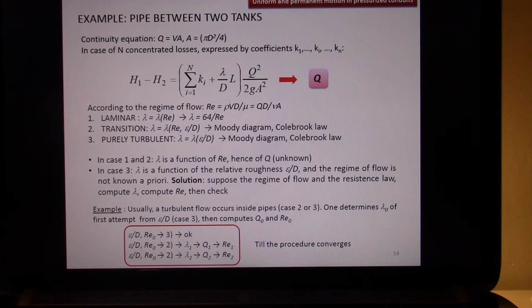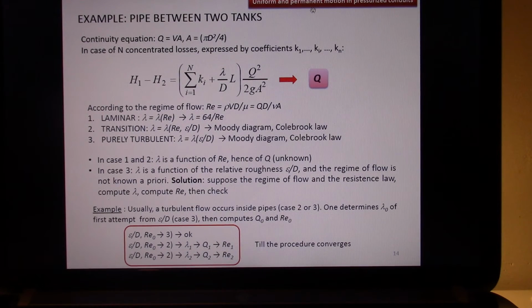Friction factor lambda 0, of the first attempt, you insert in this equation, you compute Q, so basically you obtain your volumetric discharge, and then recompute Reynolds, check if the value that we have obtained for Reynolds is very different from the previous one. If so, then recompute the friction factor, recompute the Q, and then recompute again the Reynolds number. Again, if they are different, redo everything again.